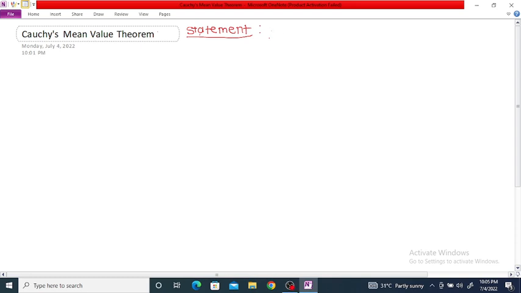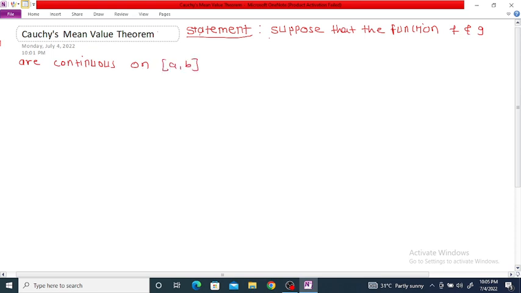Cauchy's mean value theorem. First we are going to write the statement. Suppose that the functions f and g are, first, continuous on the closed and bounded interval [a, b].